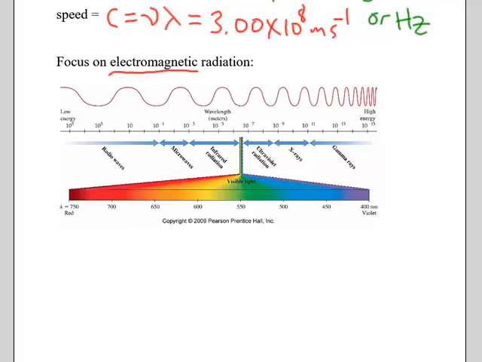On one end of this scale, we have things like radio waves, and at the other extreme we have X-rays and gamma rays. X-rays and gamma rays do a lot more damage. They have very high energy. On the other hand, radio waves are hitting us all the time and don't do any damage because they are very low energy.